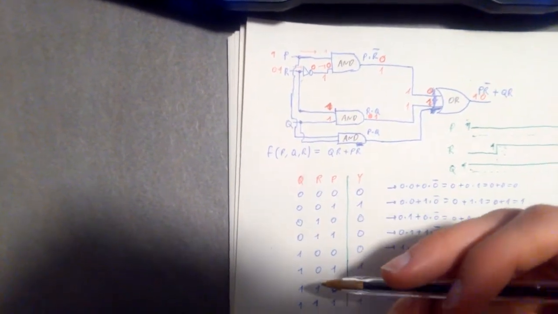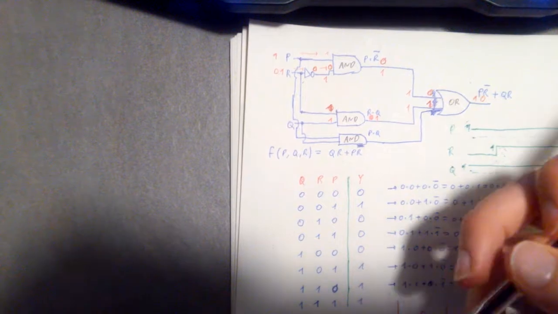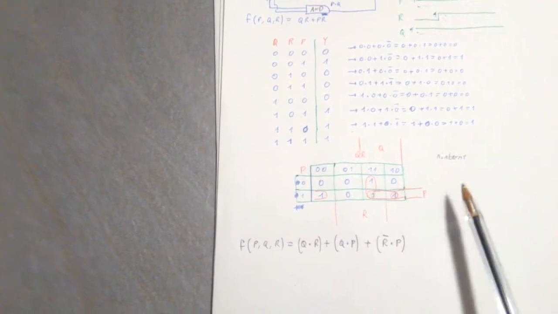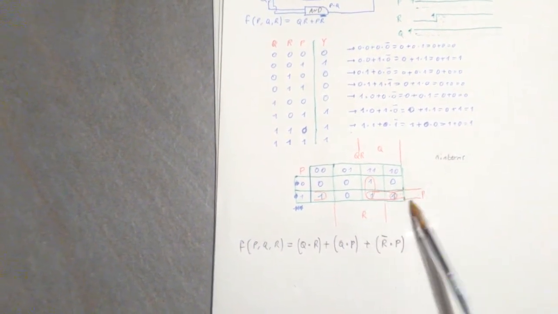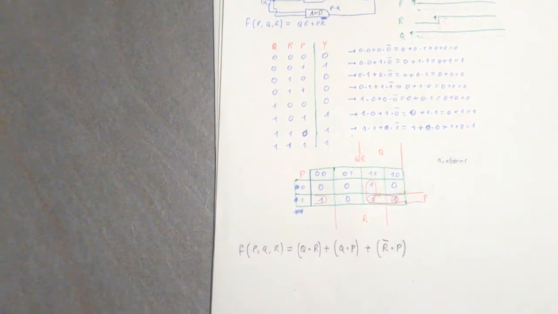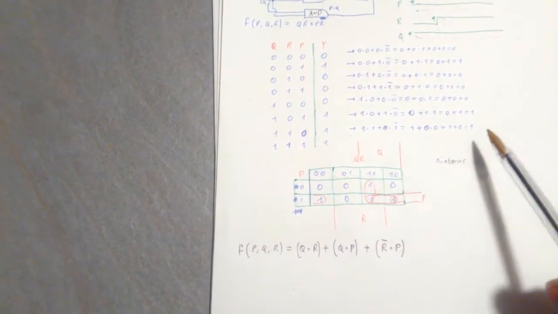Basically, you generally want to do this and check with the Karnaugh map if there are two ones, one close to the other, from two different groups of minterms or prime implicants.